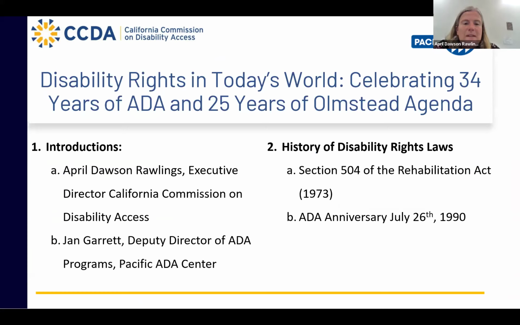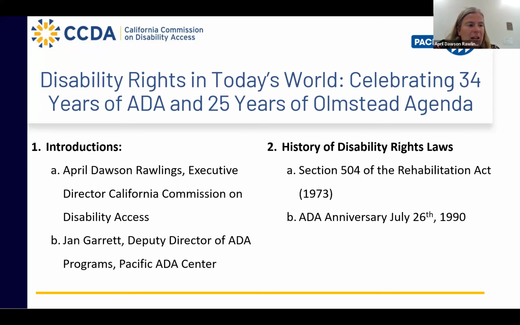Good afternoon, everyone. This is April. Thank you for joining us. I'm going to start by going over our agenda for today before I introduce my co-presenter. We're going to be talking about disability rights in today's world, celebrating 34 years of the ADA and 25 years of the Olmstead decision. We're going to start with introduction, and then we're going to move on to a little bit of a survey about the history of some prominent disability rights laws, such as Section 504 of the Rehabilitation Act, as well as the Americans with Disabilities Act.